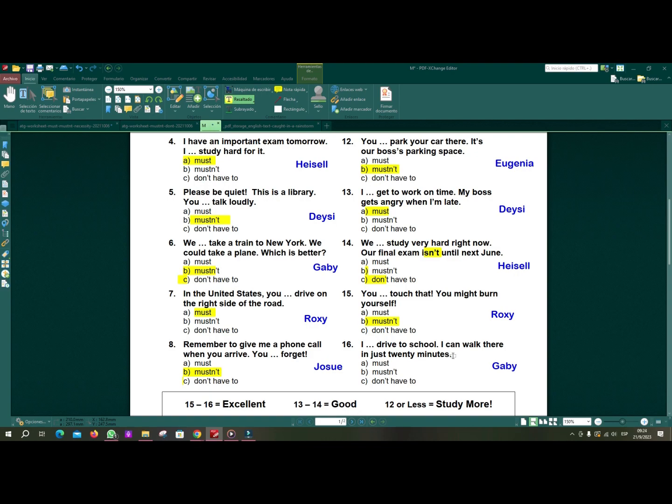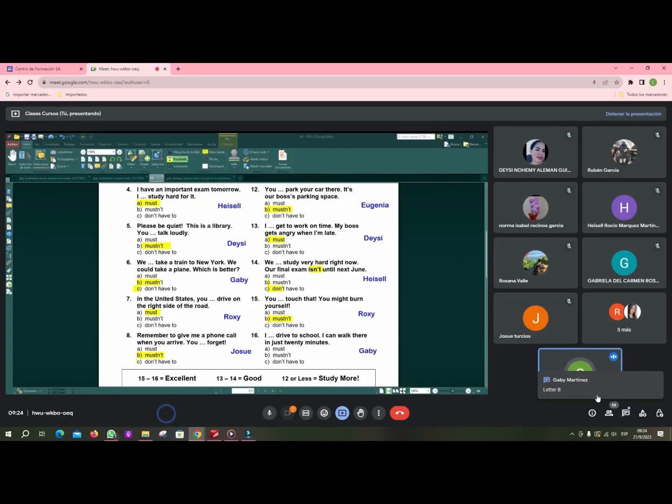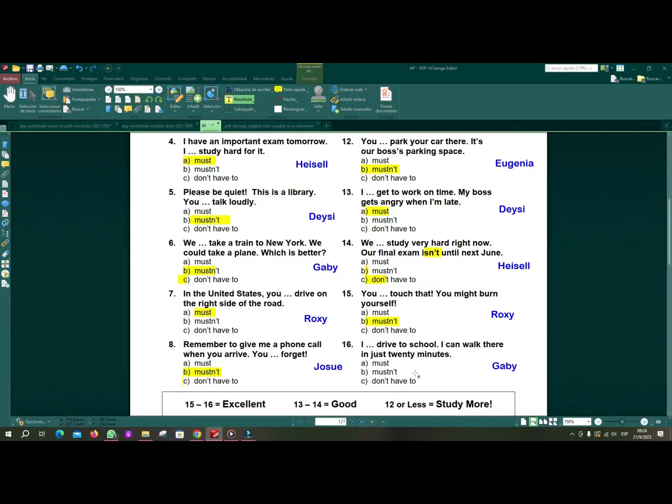I can walk there in just 20 minutes. A, B, or C. What do you think about that one, Gabi? Letter B? Let's see. You mustn't drive to school. Okay, that's amazing. Also, you can use this one, right, if you want, but that's okay.